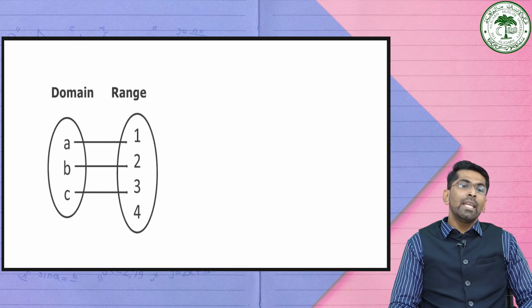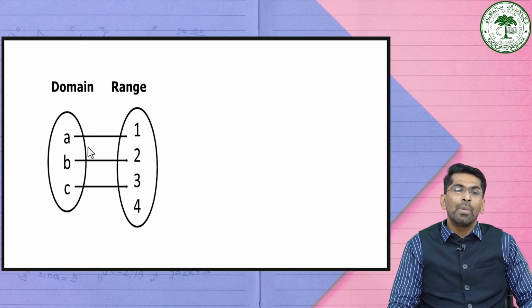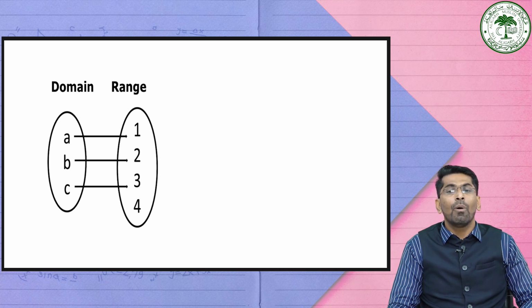Now, consider the mapping given here: A to 1, B to 2, C to 3. We want to check whether it is a function or not, and if it is a function, we want to identify which type of function it is. This mapping shows that all distinct elements of the domain have a unique image in the range. So we can say that it is a one-to-one function, because all distinct elements of the domain have a unique image in the set B, or range.